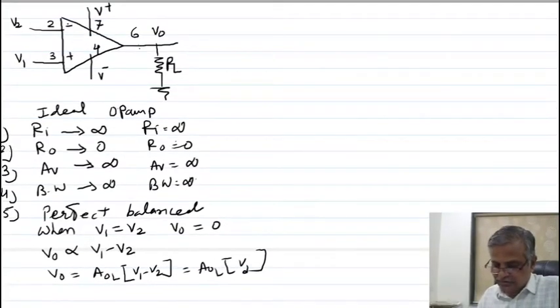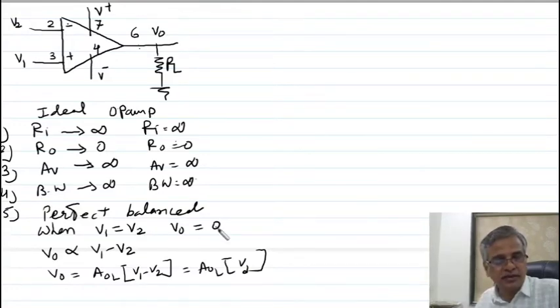Again, what have I written? Perfect balance means when both the inputs are at the same level, output should be 0. It means VO is proportional to the difference of the input signal. VO is equal to open loop gain multiplied by the difference of the input signal.